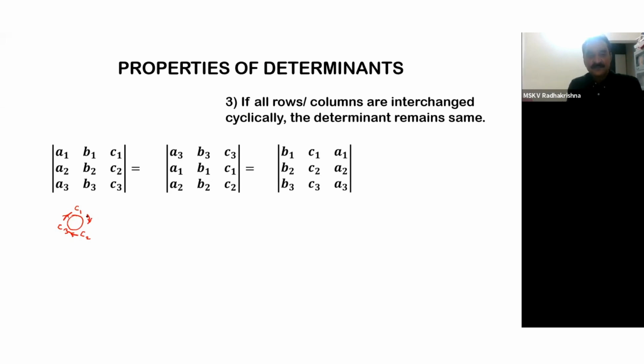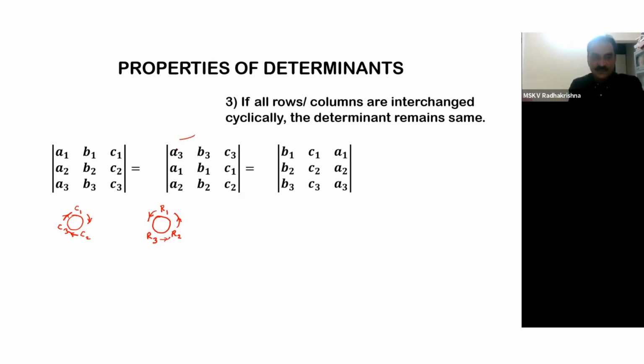Similarly, you take R1, R2, R3 around the circle. This time, if you want, you can interchange like this. R1 becomes R3, R3 becomes R2, R2 becomes R1. In whatever way you want to interchange along the circle, you can interchange clockwise or anti-clockwise.